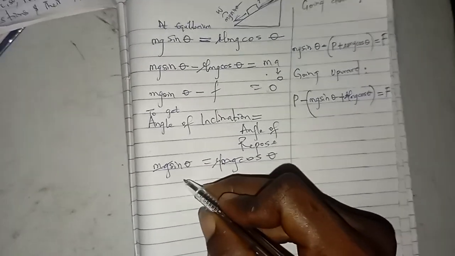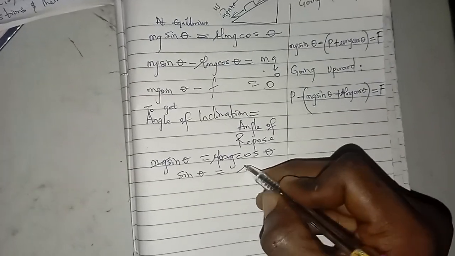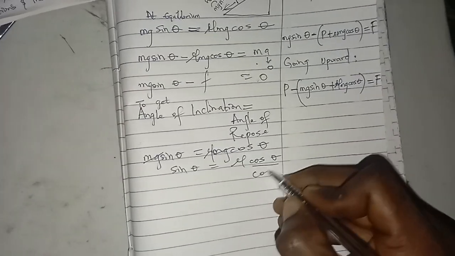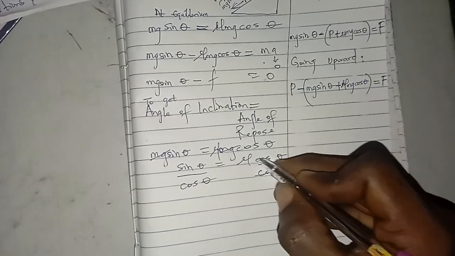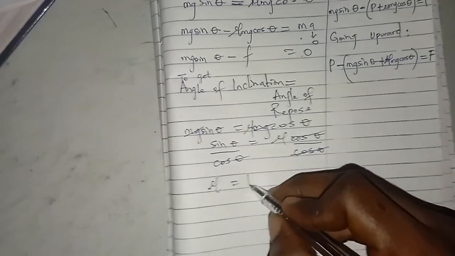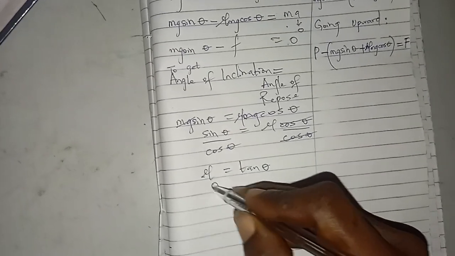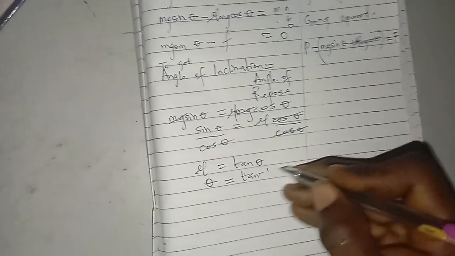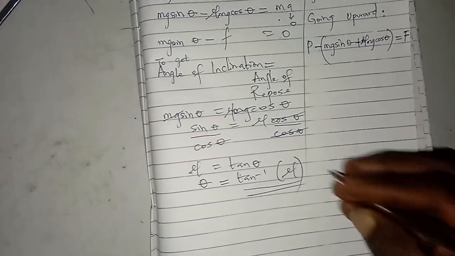So you now have sin theta equals to mu cos theta. Divide both sides by cos theta. Mu will simply be sin theta over cos theta, which is the same thing as saying tan theta. Mu is equals to tan theta. Then to get the angle of repose, theta will be equals to tan inverse of mu. So this is how you go about it.